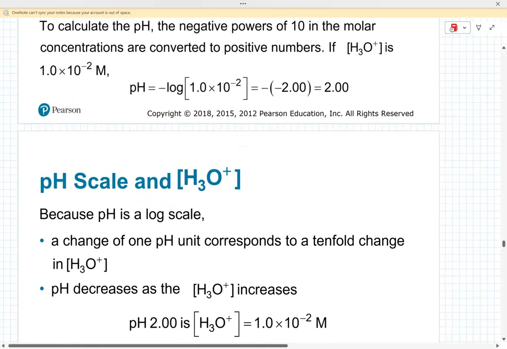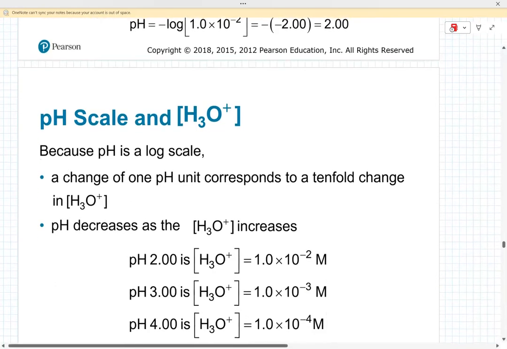Another thing that we discussed on Monday is that the pH scale is a logarithmic scale. Okay. I'm going to make a statement.